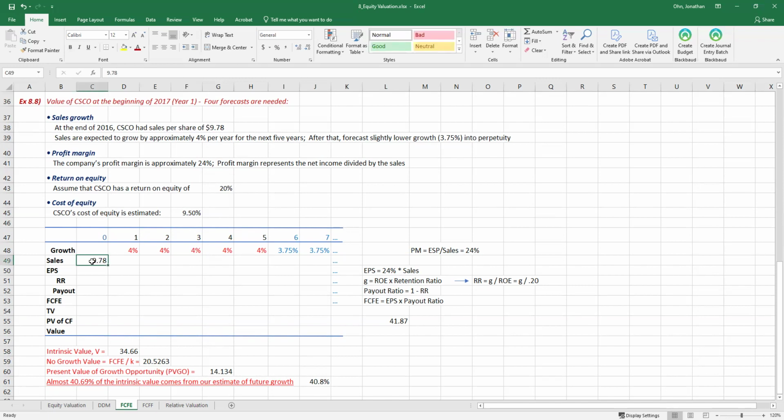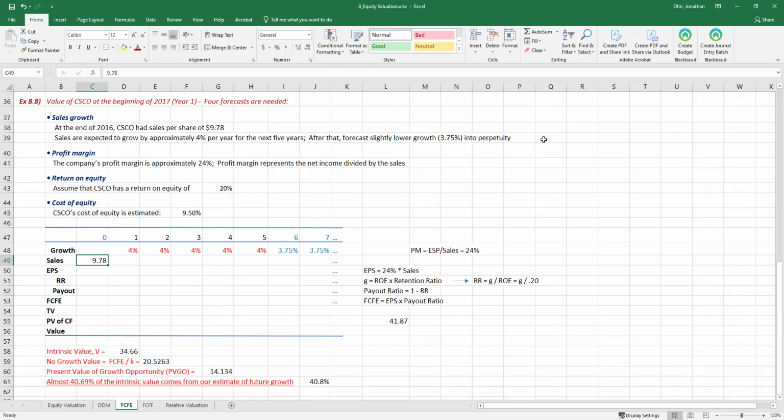Now it says sales are expected to grow by approximately 4% per year for the next 5 years. And after that, a forecast of a slightly lower rate, 3.75% into perpetuity.